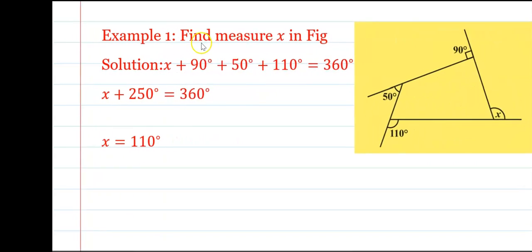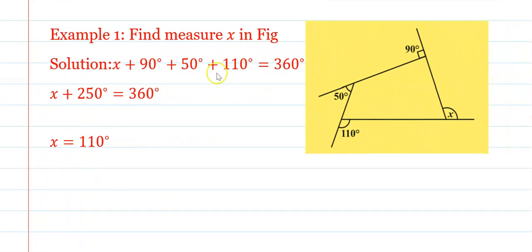Next, this is a simple example. Find the measure x in the figure. The measures of the external angles are 110, 50, 90, and x. We know that the sum of the measures of the external angles of any polygon is 360.